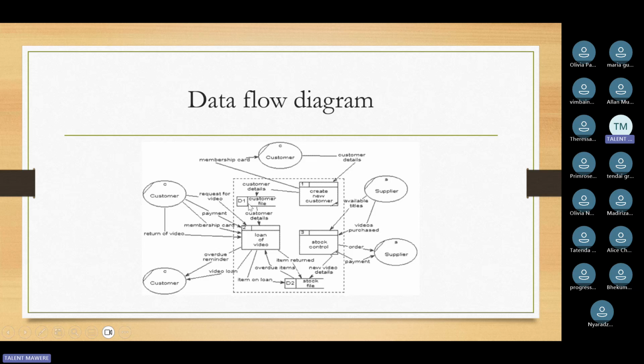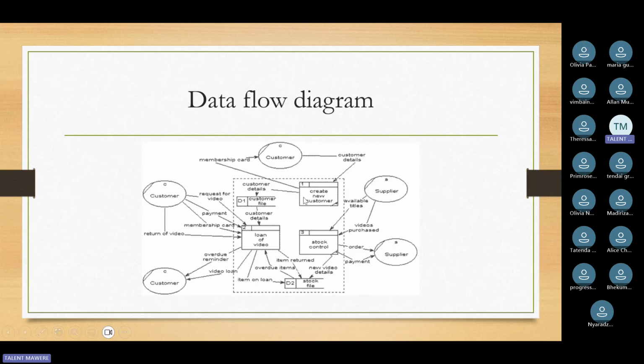This symbol here represents a data store. This symbol here, usually with a horizontal line, or in this case slanting, cutting some edges of the shape, we call the entity.